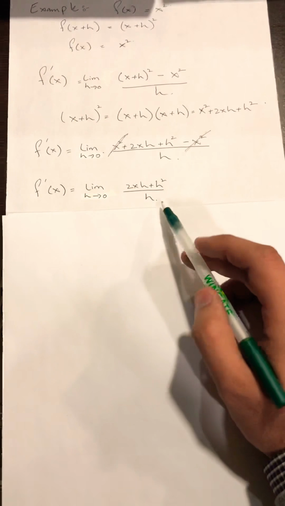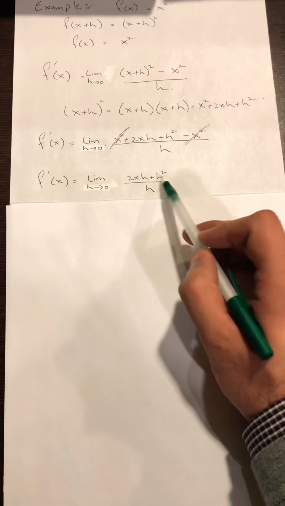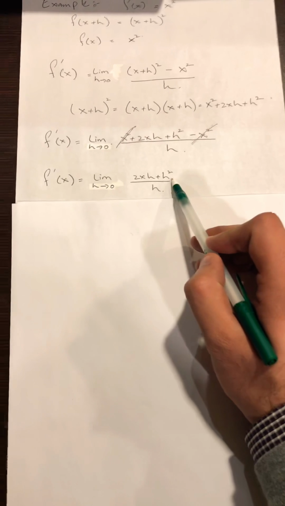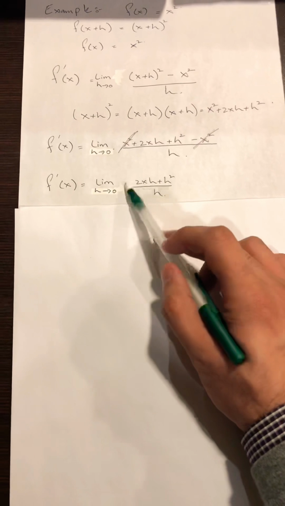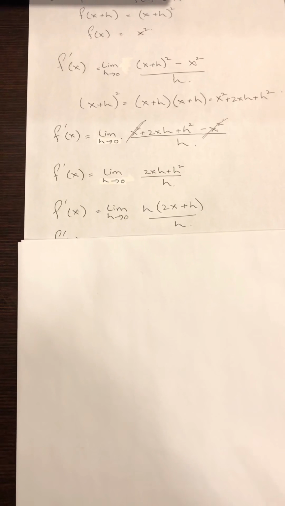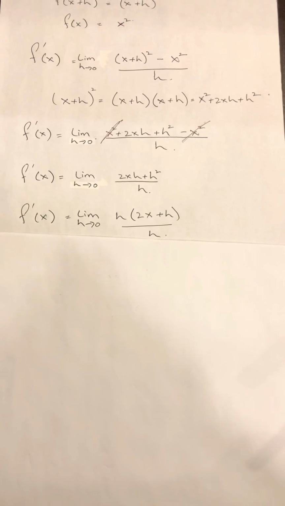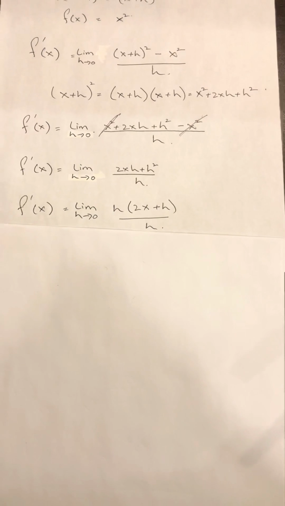Now we know that we could simplify this further. As we know, there's an h in the first term and an h in the second term. So we could take out an h common, and we'll get something that looks like this. So we have f prime of x is equal to the limit as h approaches 0.